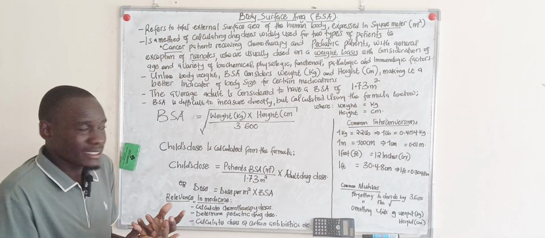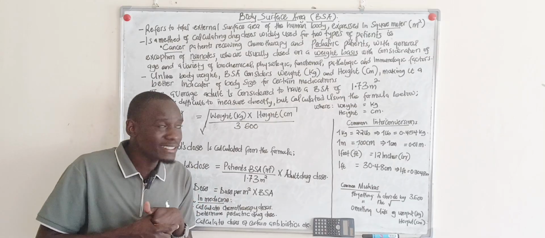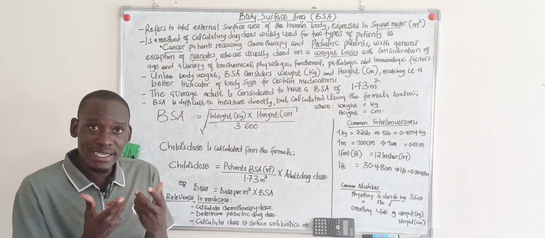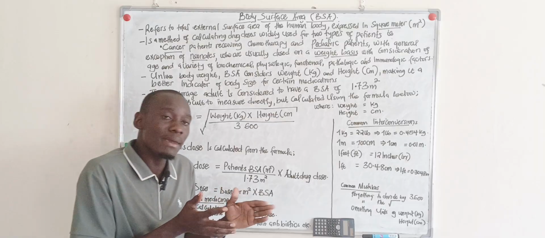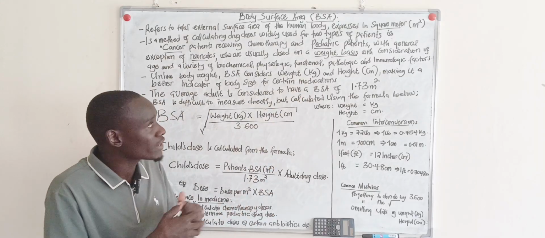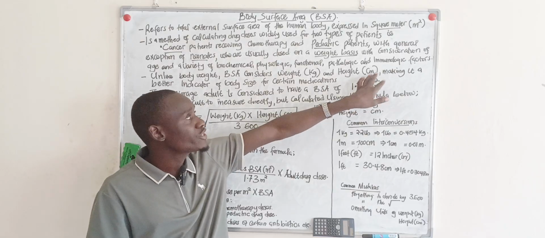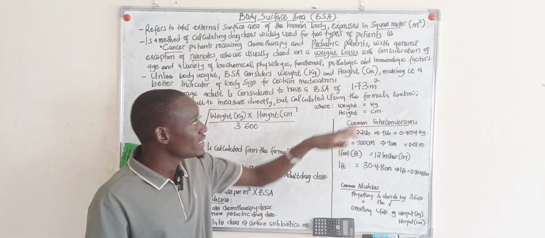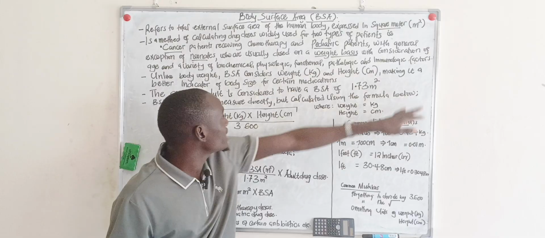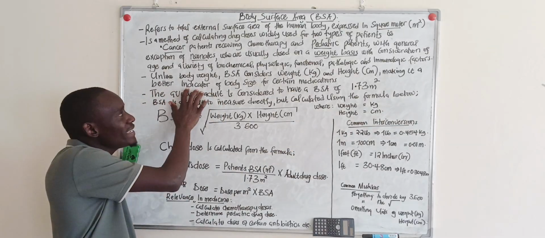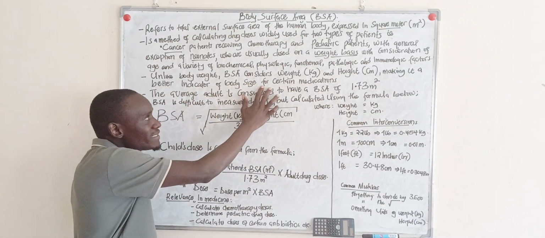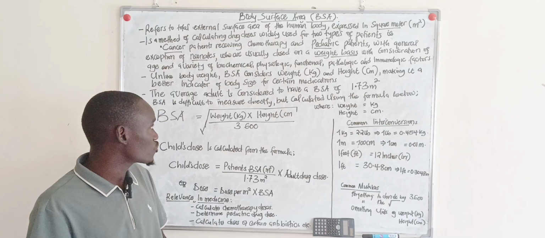Unlike body weight, body surface area considers weight, which is mainly measured in kilograms, and height of the patient, which is mostly measured in centimeters, making it a better indicator of body size for certain medications.